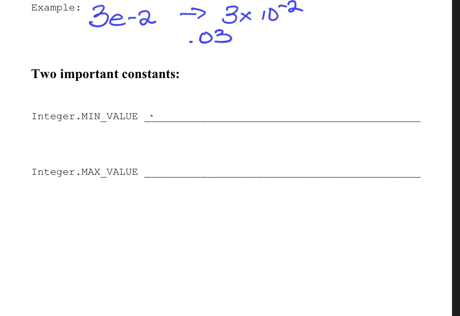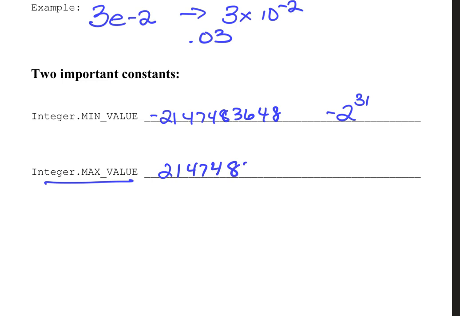So the lowest possible number an integer can be is negative 2,147,483,648, or as we said before, negative 2 to the 31st power. That is the smallest possible value. The largest possible value is this. You would literally just type that if you want this value, and there are sometimes times that you would actually want that. I think I wrote that right, and that's 2 to the 31st power minus 1.